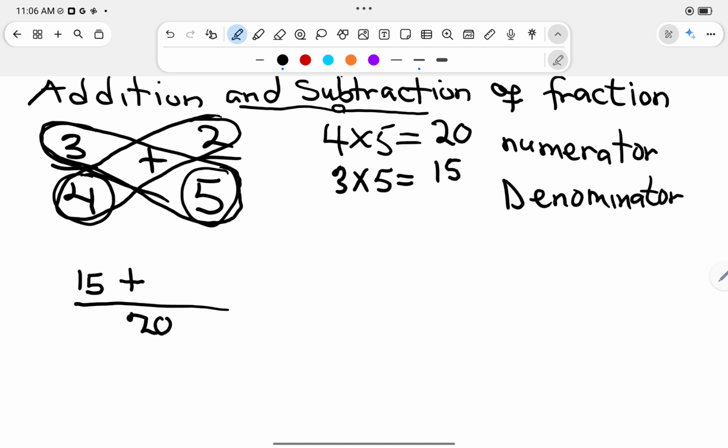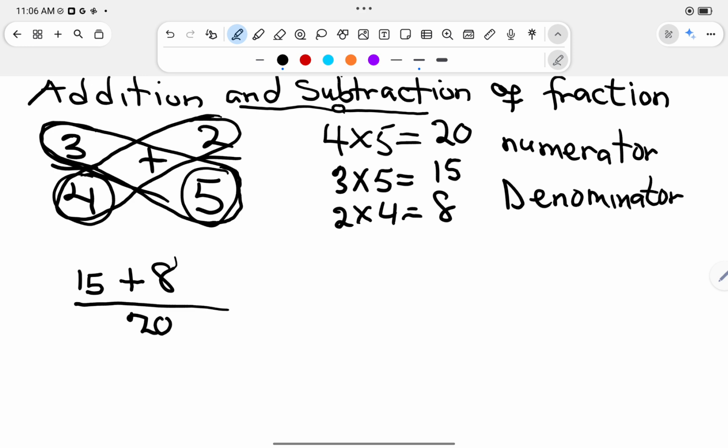So I'm saying it again: you use the numerator of the second fraction and multiply it by the denominator of the first fraction, which is going to be 2 times 4. 2 times 4 is going to give us 8. So we have 8 here like this.